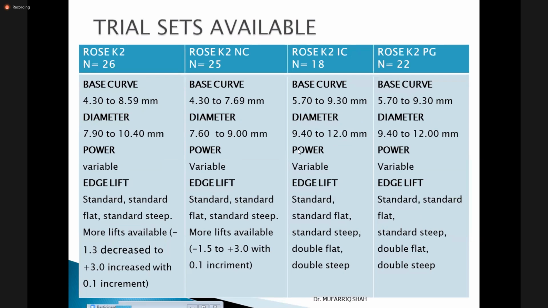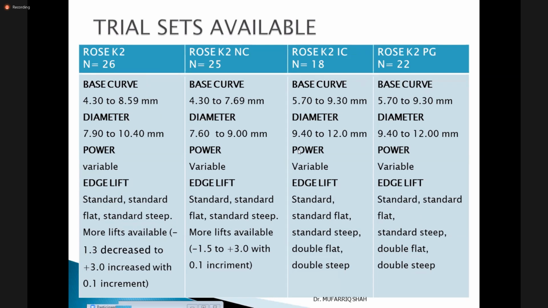Now, there are the trial sets for the Rose K family lenses. For Rose K2, the number of lenses in the trial set is 26, and the base curve of the Rose K2 lenses ranges from 4.30 millimeter to 8.59 millimeter. The diameter ranges from 7.9 millimeter to 10.4 millimeter, and power is variable with minus 0.25, so you can prescribe any power and the manufacturer will make that power for you.